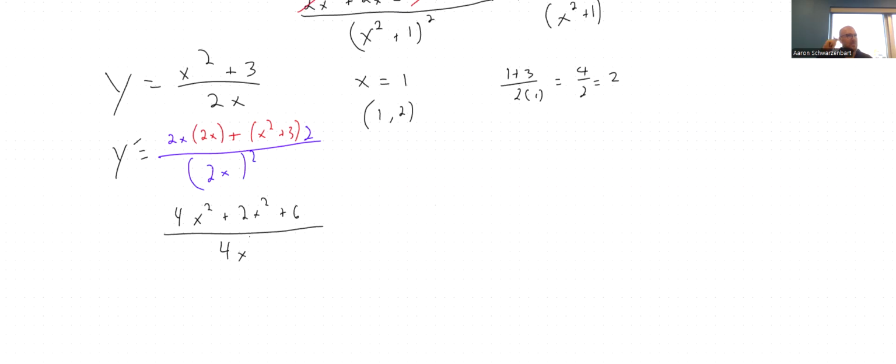Okay, I expanded out the bottom because it was so easy. And I had x squareds on top. So now I'm going to plug in 1, 3.